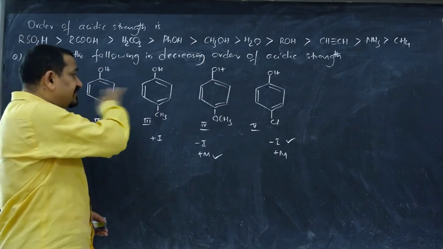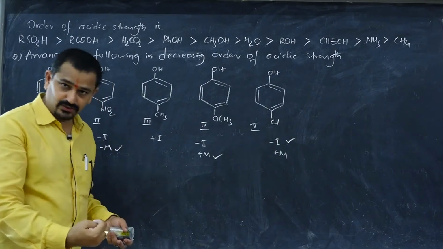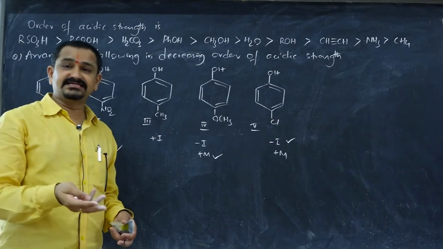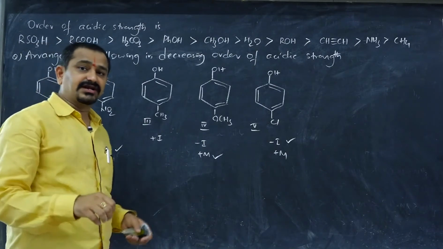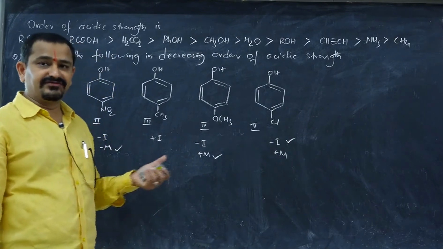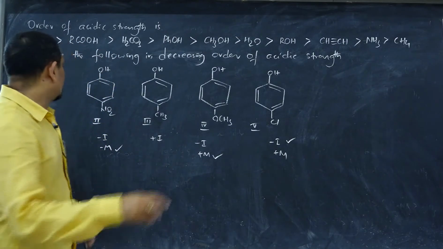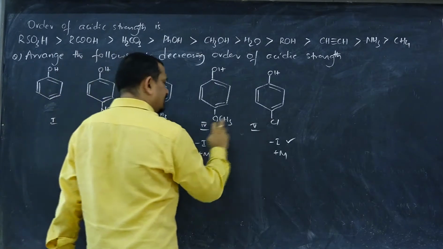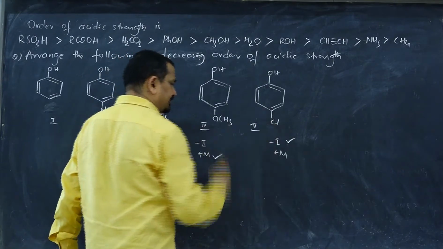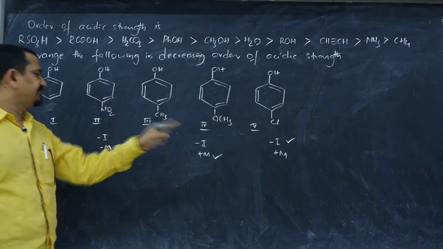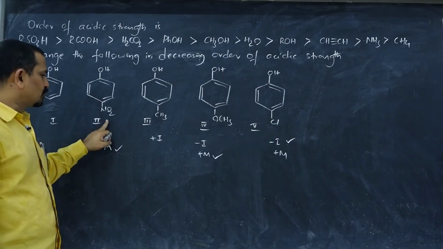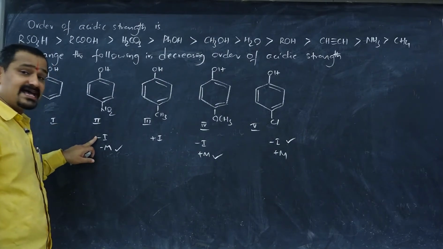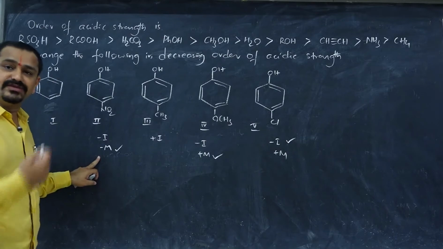Now, these phenoxides can be stabilized by the presence of electron withdrawing groups and destabilized by the presence of electron releasing groups. Electron withdrawing groups increase the stability, which means they increase the acidic strength. Electron releasing groups decrease the stability of the conjugate base, so they decrease the acidic strength. Now, among phenol, this is withdrawing, this is releasing, minus I plus M, and this is again withdrawing. Among these five different molecules, NO2 is minus I, negative inductive, and a negative mesomeric effect.